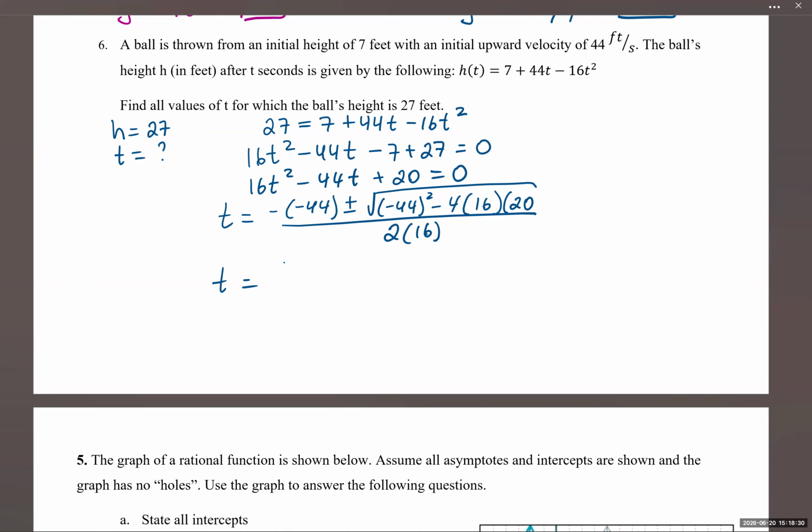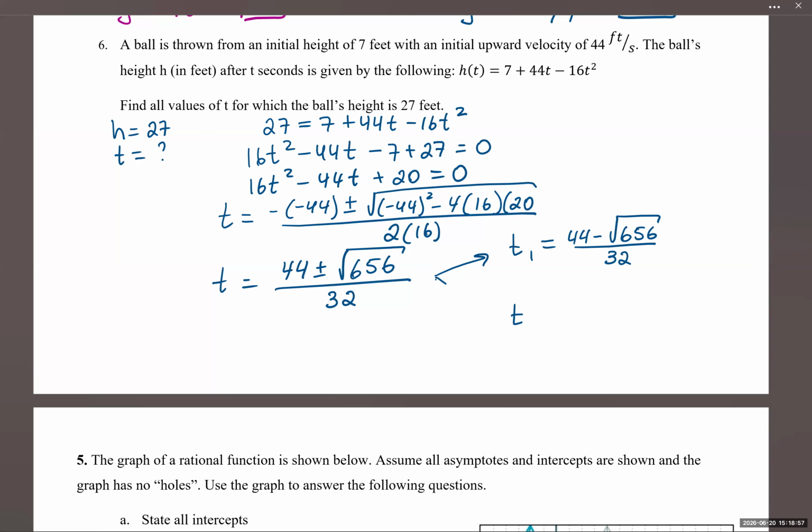So that would be 44 plus or minus the square root of, calculating the number underneath the radical, you should get 656. And then 2 times 16 is 32. Now at this point, I'm going to go ahead and break it up into two equations. The first one will be T1, and that's 44 minus the square root of 656 divided by 32.